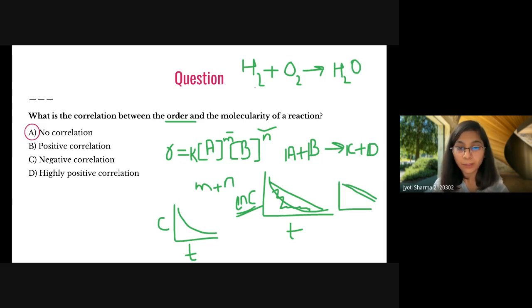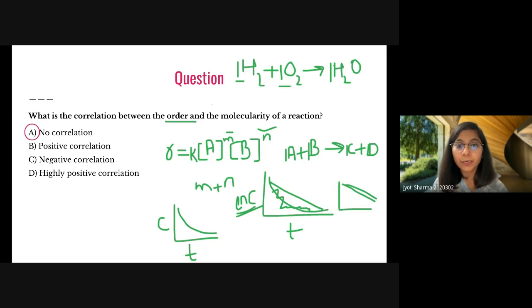Hypothetically, if this is 1, and this is also 1, and we assume that one molecule of H2 is colliding with another molecule of O2, and after combining it gives you H2O. Here the assumption is that whatever reaction is happening, it is happening in one step. Only then can we say this 1 and 1 gives you the molecularity.